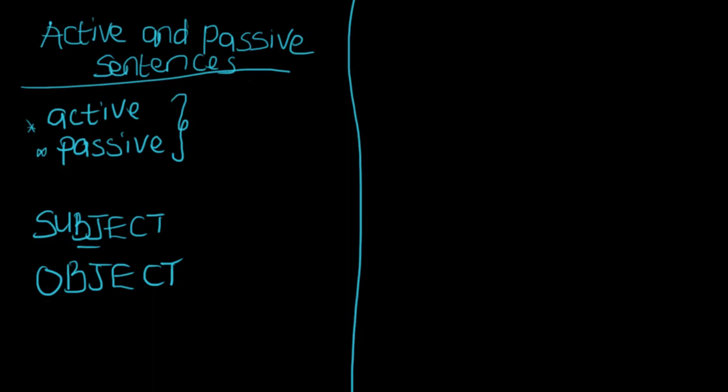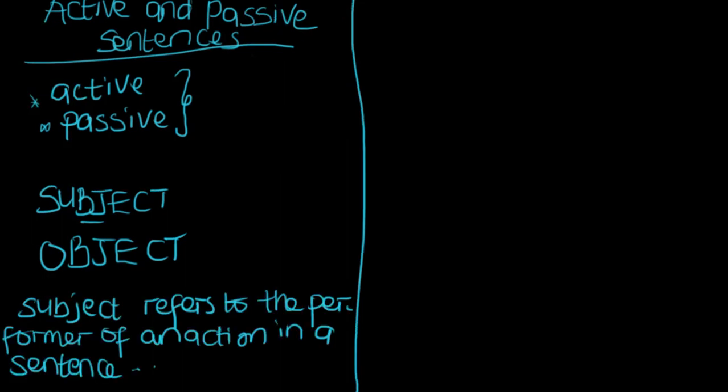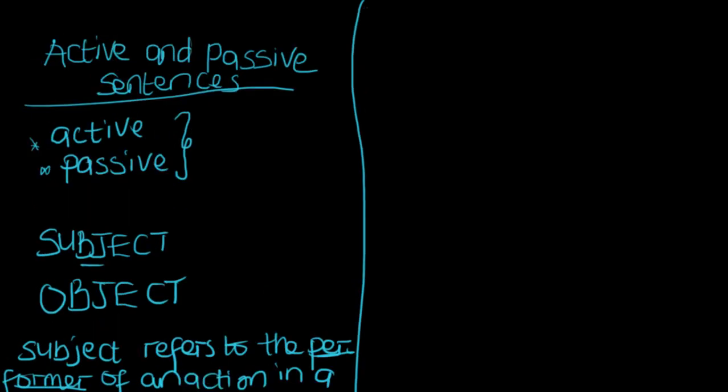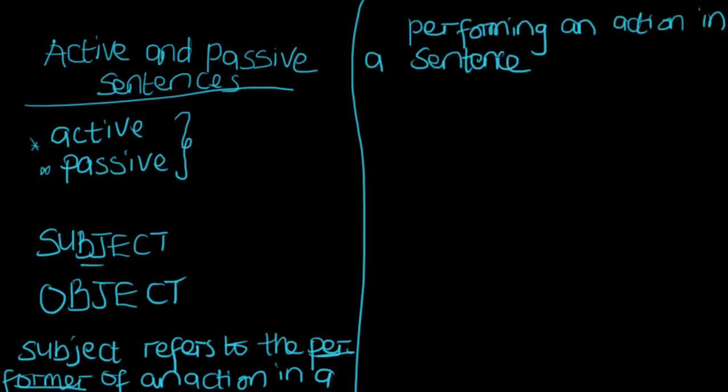So what is a subject? The subject of a sentence refers to the performer of an action in a sentence. That is, it refers to the person doing something, the person performing an action. In other words, some people call it the doer of an action.